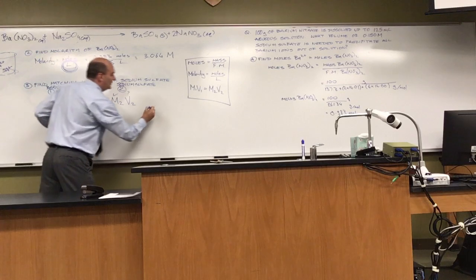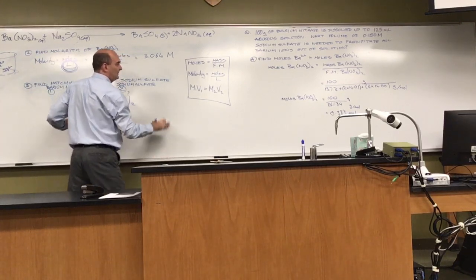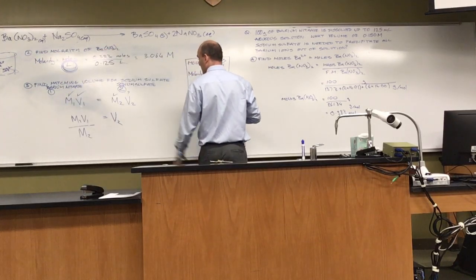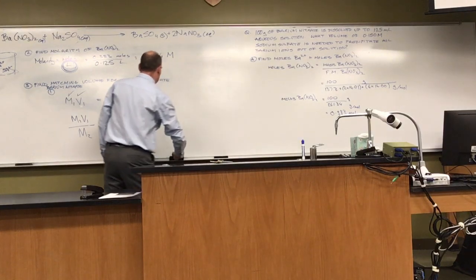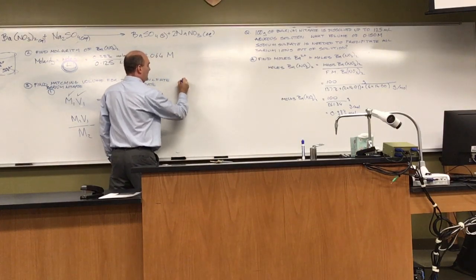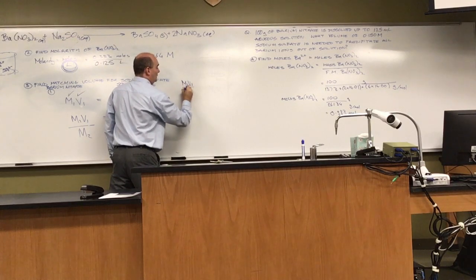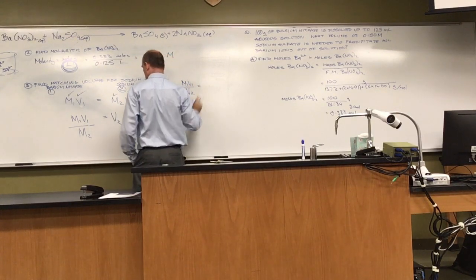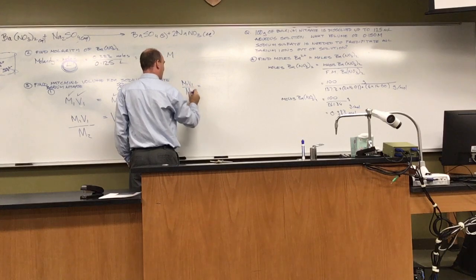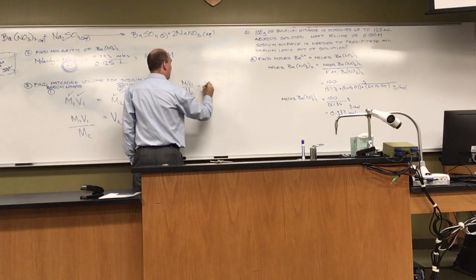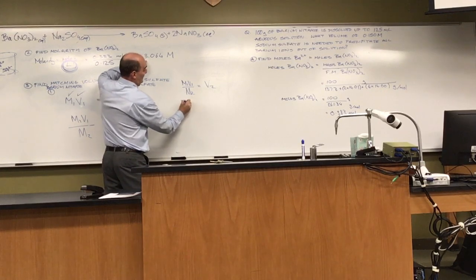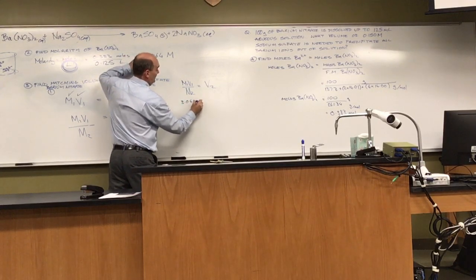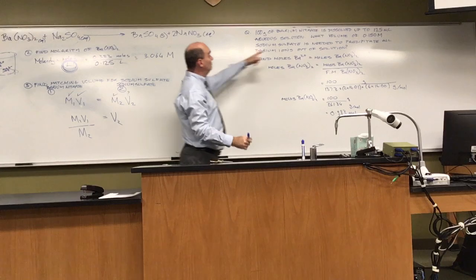M1 from the question. Oh, where am I? Do I do it down here? Rewrite it. M1V1 over M2. Wasn't a V, it was an M. Equals V2. Okay, M1 is my 3.064 times volume 1. It's in the question.